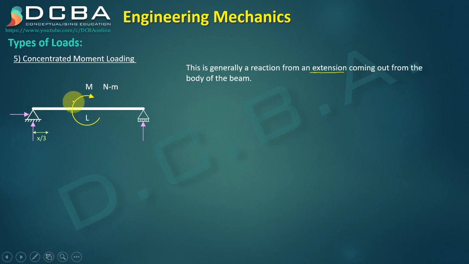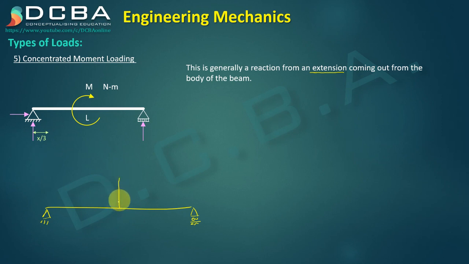First of all, a concentrated moment can occur on a structure either due to a couple force, so this couple force can cause a concentrated moment at that point, or, let's say this is a structure, and at this point I have an extension of the structure.